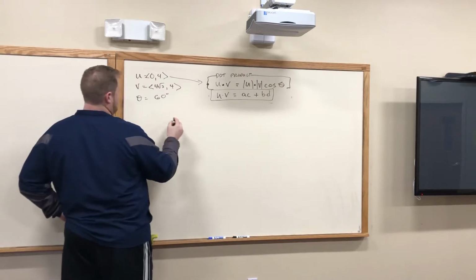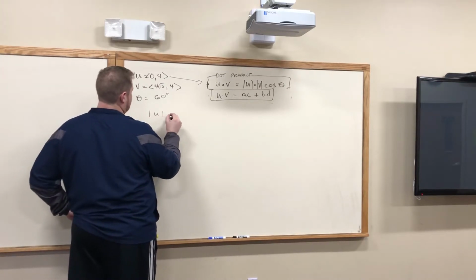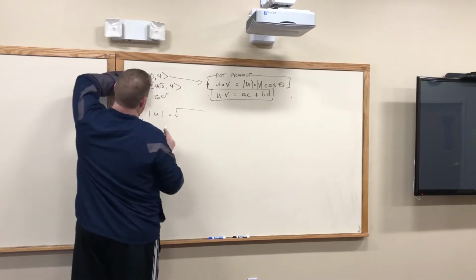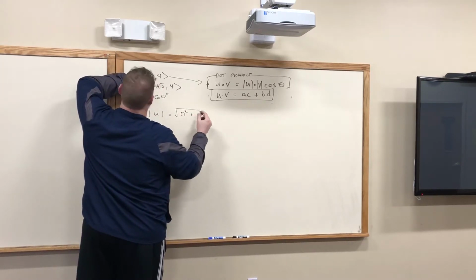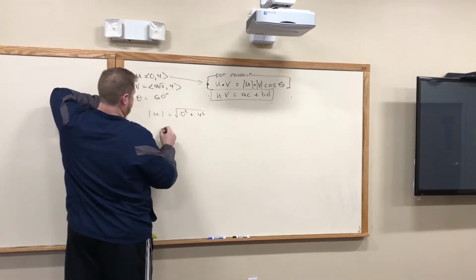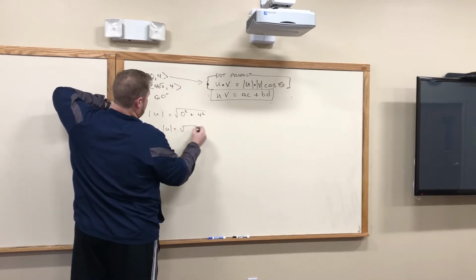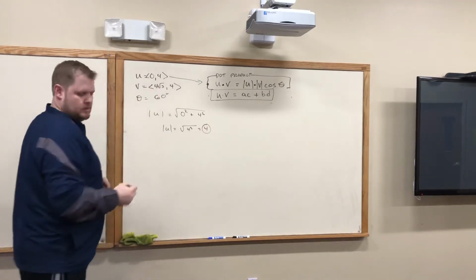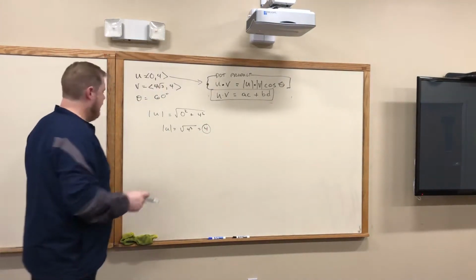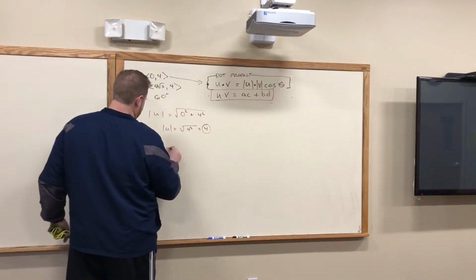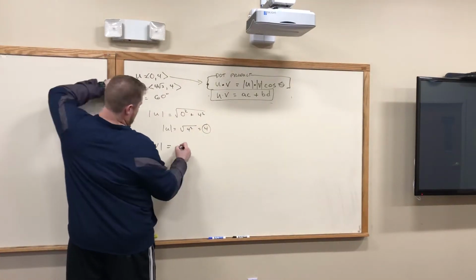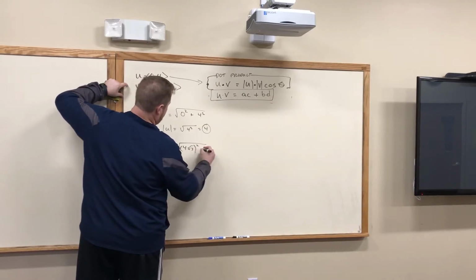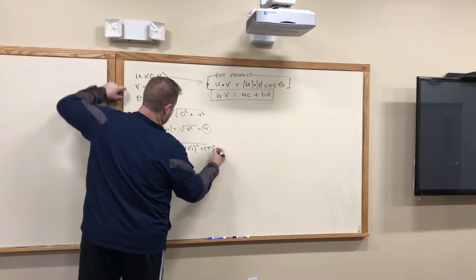Here we go. So we need to find our absolute value of u, which is the square root of 0 squared plus 4 squared. So the absolute value of u is the square root of 16, which is equal to 4, right? So far we're good. Then we need the absolute value of v, which is going to be the square root of 4 square root of 3 squared plus 4 squared.